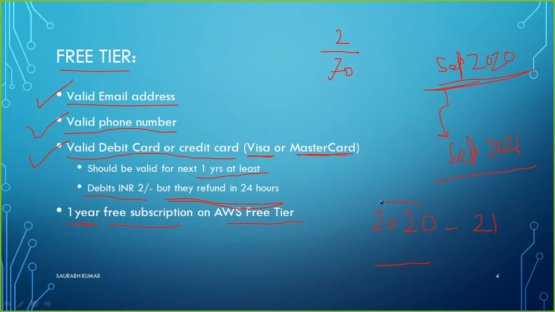99.9% chance it is not going to work, because Amazon uses a service related to machine learning. They have some service running where they already have a database. They maintain a database with your email address, your mobile number, your login credentials, plus your credit card or debit card number.